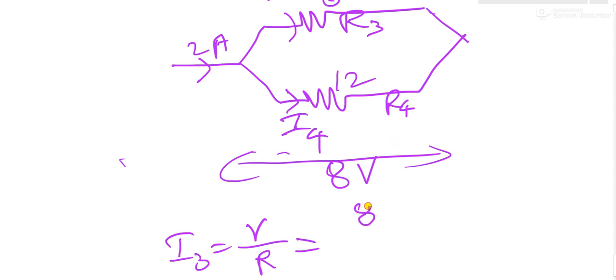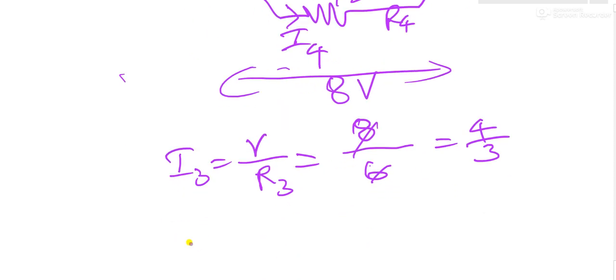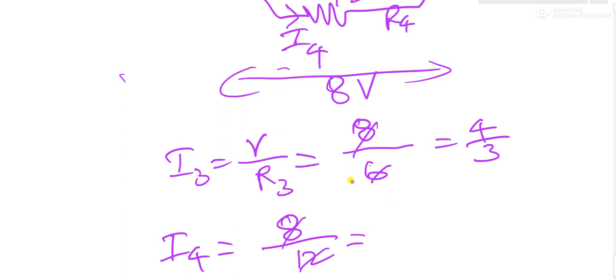So 8 divided by R3, I know it's going to be 6. 8 divided by 6, which is going to be 4 by 3. Now I4 how much? It's going to be the same voltage 8, but resistance here is 12. So we will get 2 divided by 3.